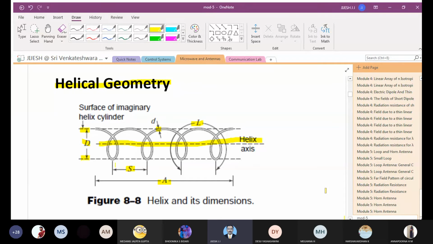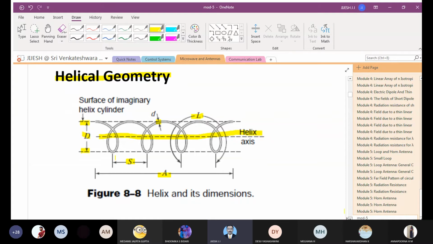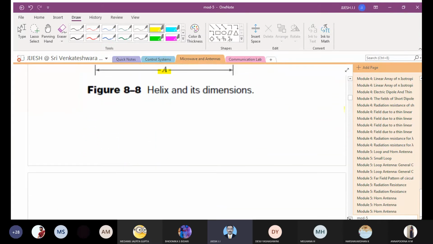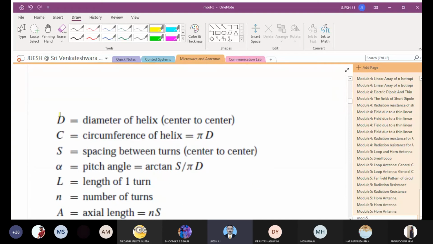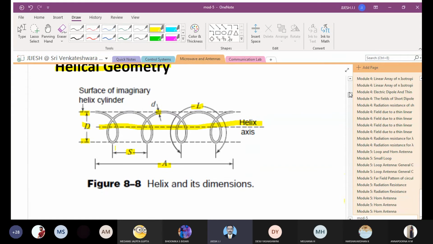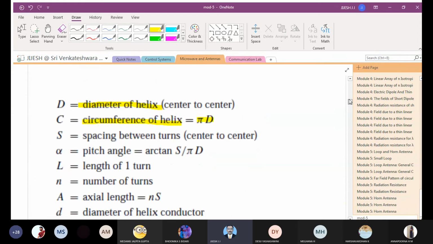So this length, the diameter of the wire, and all those things are important for us to understand. So we can see that these are the parameters. D is the diameter of the helix, or you can say center to center, and C is the circumference of the helix, which you can find by using the equation pi D. C is the circumference of that, and S is the spacing between the turns, which I have told you.